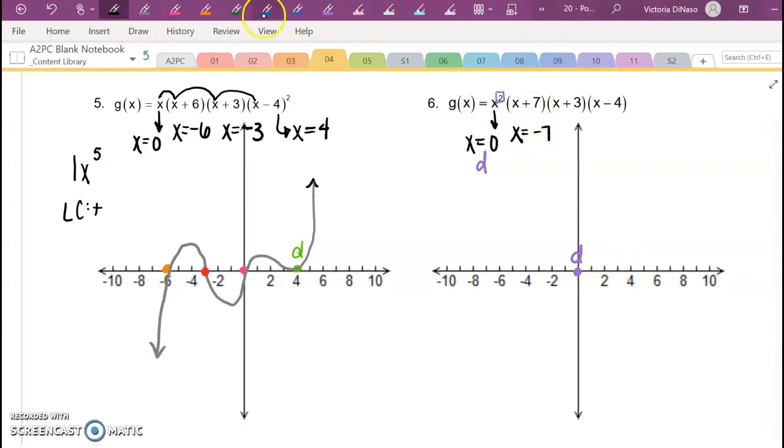And I'm going to go ahead and put a point at -7. Then we have x plus 3, which means that we have x equals negative 3. We can put a point at negative 3. And then last but not least, we have x minus 4, which means that we have x equals positive 4. And finally, my last point is going to go at 4.